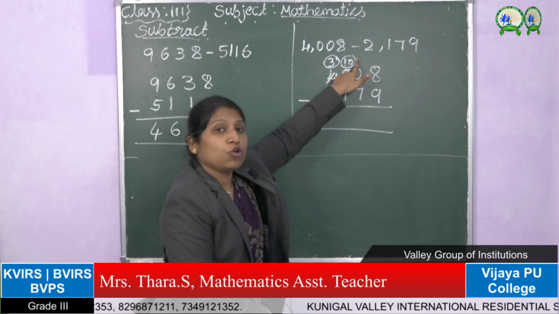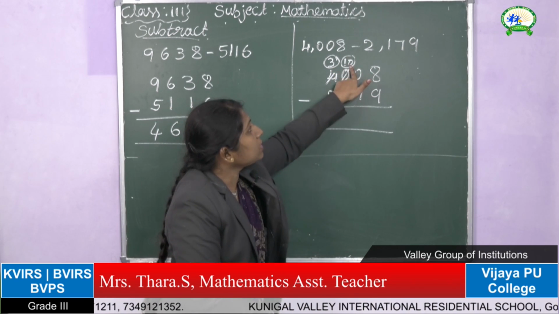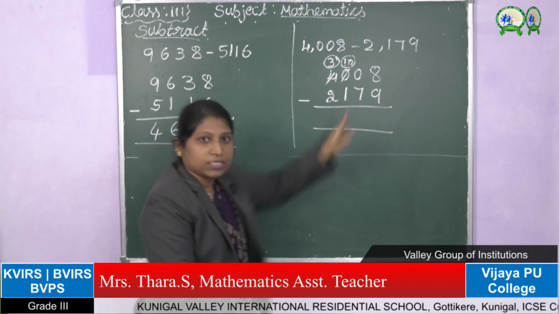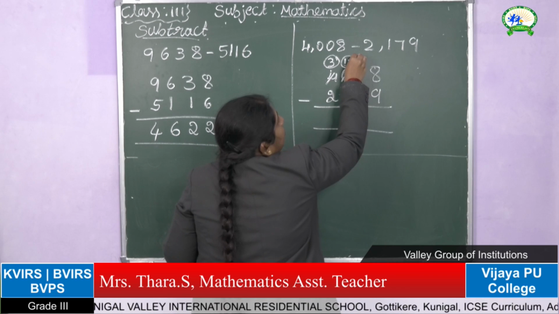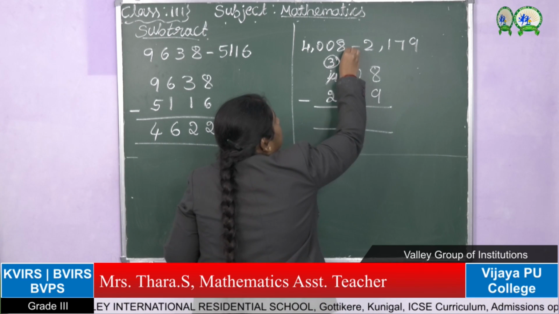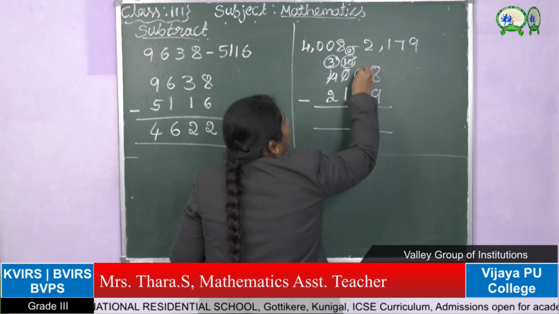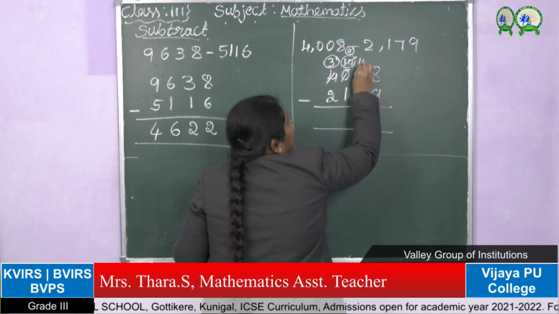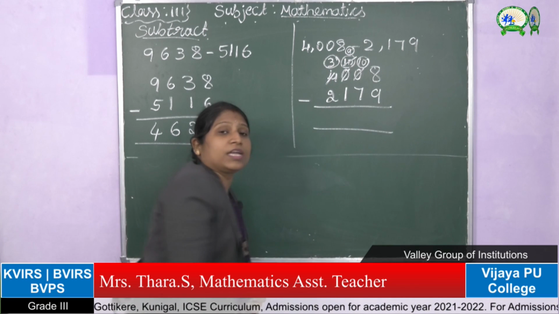Now when 0 becomes 10, this 10 can give 1 to the next place, yes or no? So now 10 becomes 9, and the next 0 takes 1 borrow and becomes 10 now. Understood?